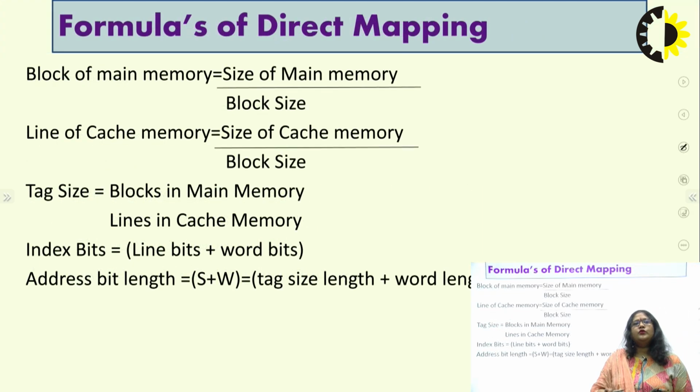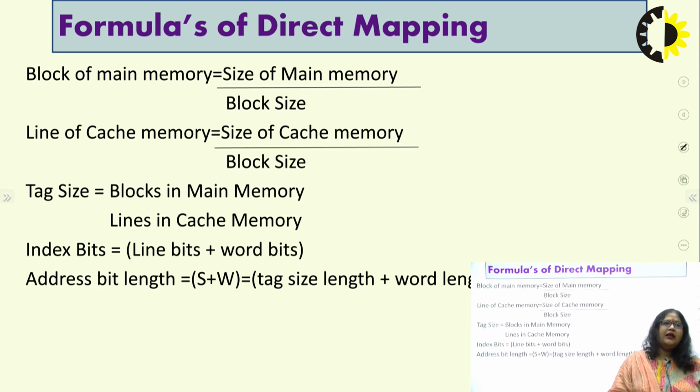Now we move on to the direct mapping questions. Basically, how do we find how many blocks are present in the main memory? It is the size of main memory divided by the block size. The lines of cache memory are the size of cache memory divided by the block size.